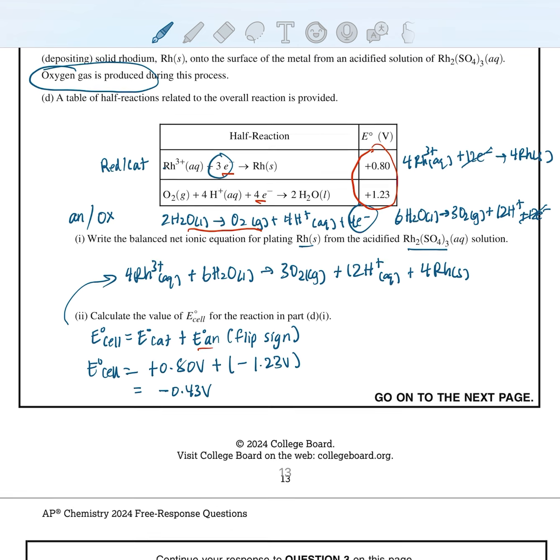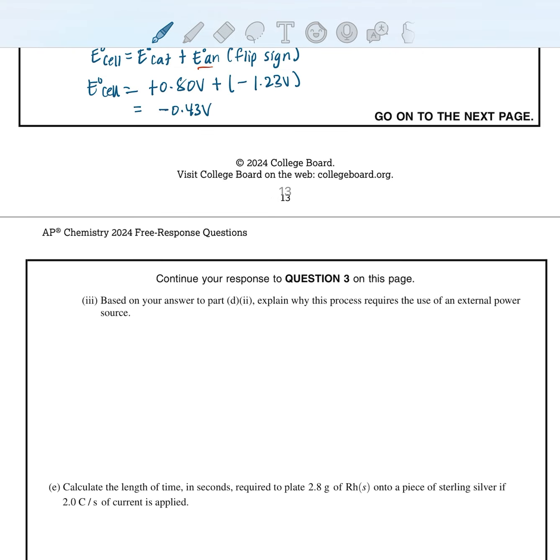All right, hopefully that makes sense. We'll do one more before we go to the next video because this question's related. Based on your answer to D2, explain why this process requires the use of an external power source. Remember that when you calculate Ecell, if you get a positive Ecell, we call that a galvanic cell. That's a spontaneous redox reaction.